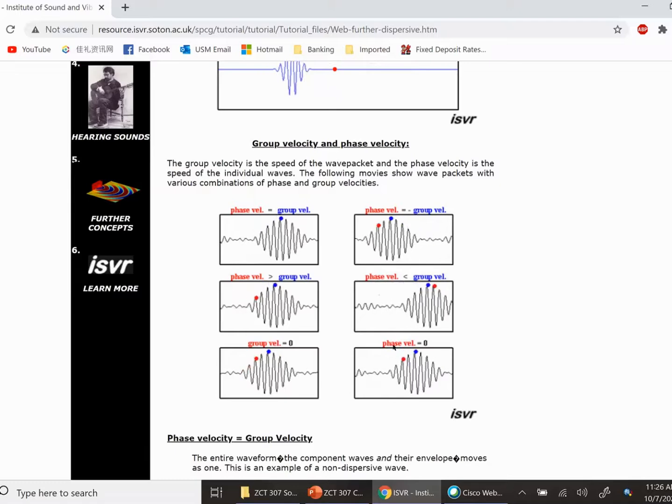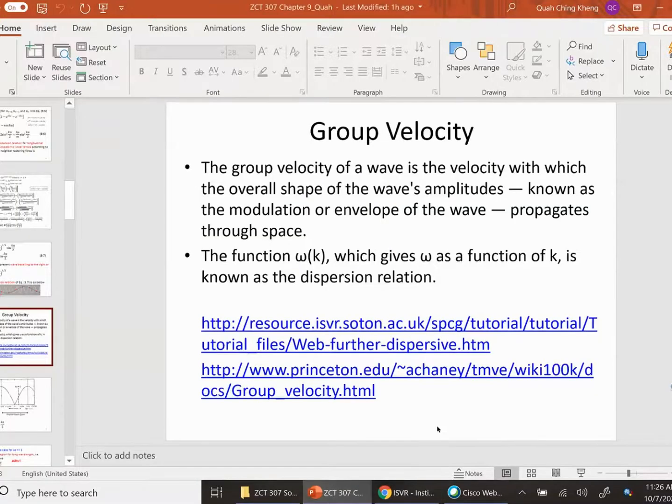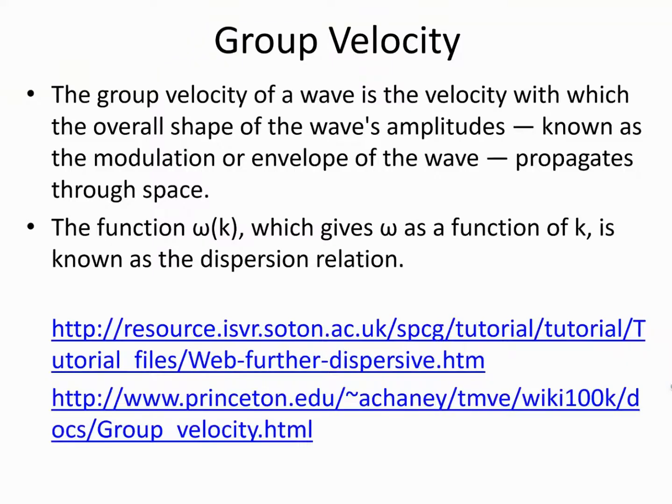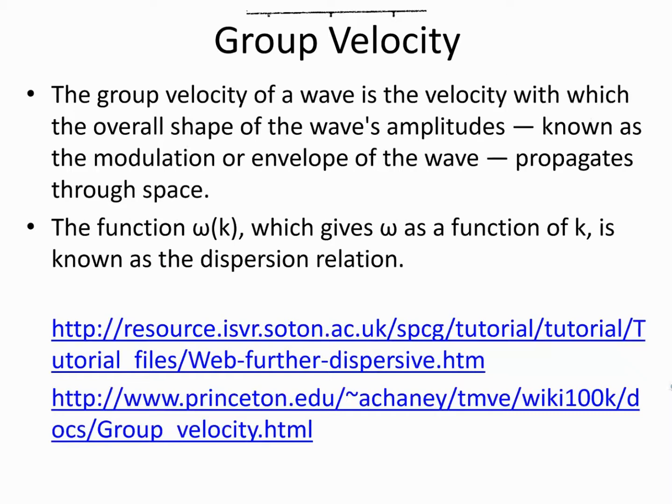So now I believe you have more idea of what phase velocity and group velocity are. If you still don't understand, I would advise you to get some reference. I'm not going to explain more because you have studied this in solid state physics, I think ZCT 106.